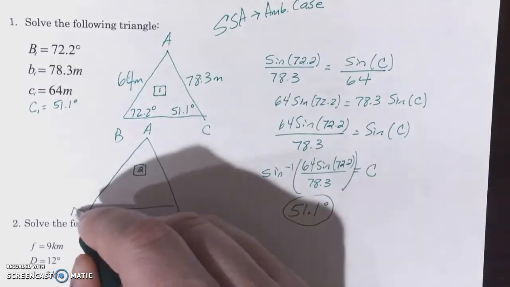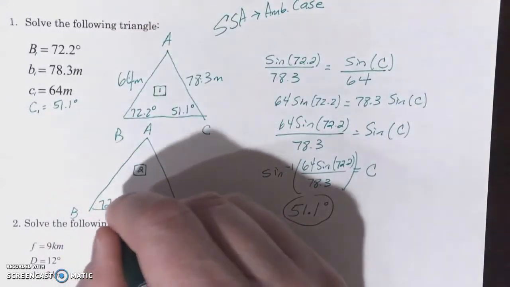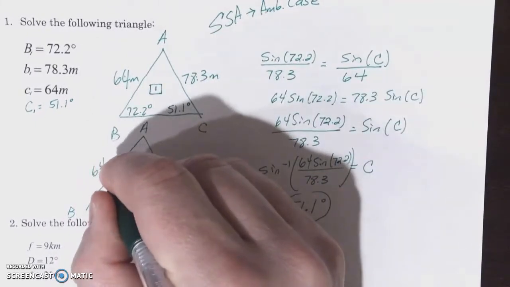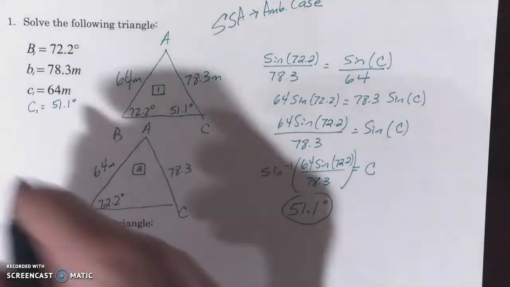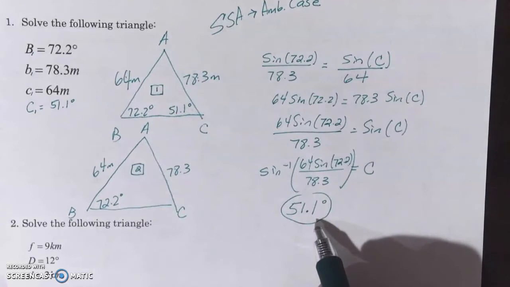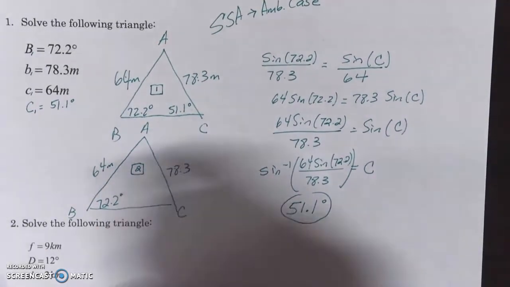We're going to draw the same exact triangle with the same given information. 72.2 degrees, 78.3, 64. The second possible angle C is 180 degrees minus our first angle C. That's what we just talked about on the previous page with our notes.